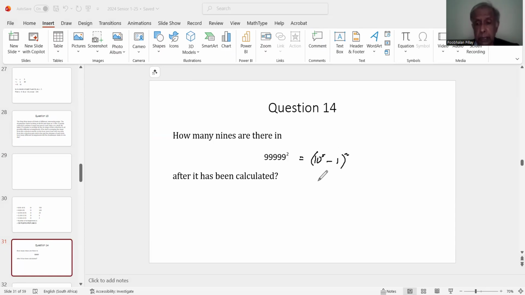And our mathematics tells us that the square of a minus b is a squared minus 2ab plus b squared. So it's 10 to the 5 all squared minus 2 times 10 to the 5 plus 1 squared. Okay, and that is 10 to the power of 10 minus 2 times 10 to the power of 5 plus 1.